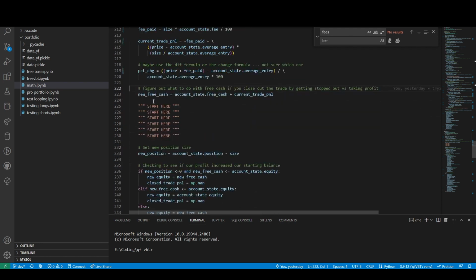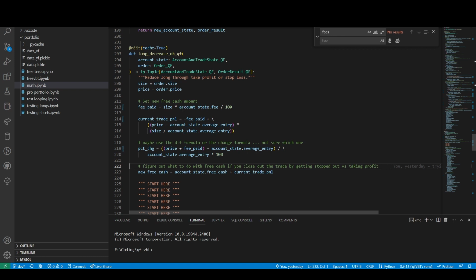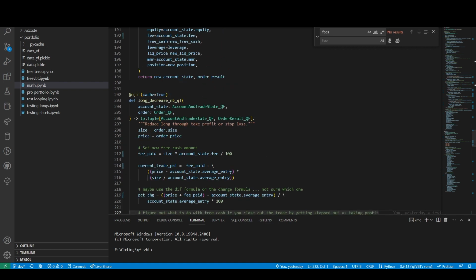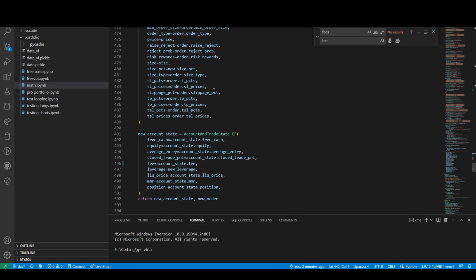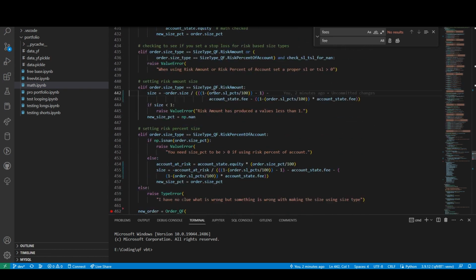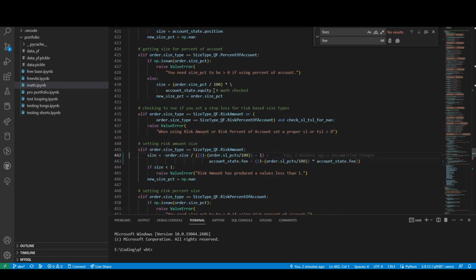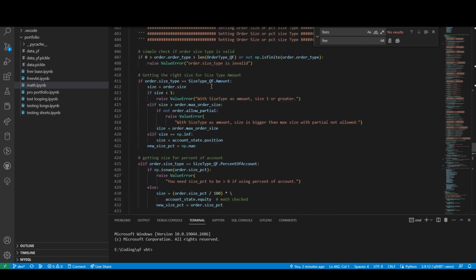All right, so what do I want to do here? I want to get the size. I don't think I want to do anything with fees. Here, like the order size is just going to be the order size.